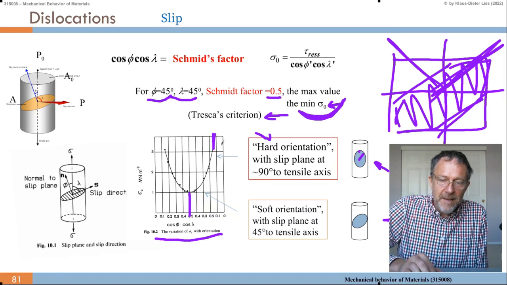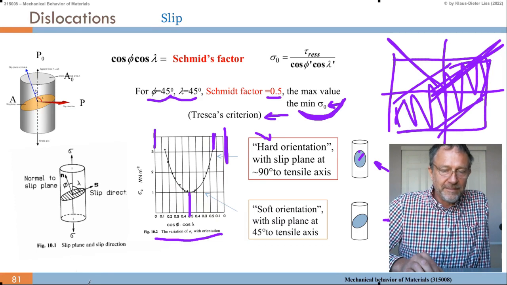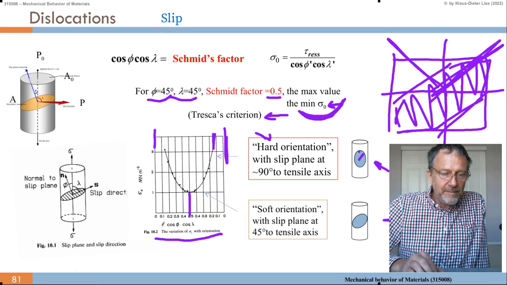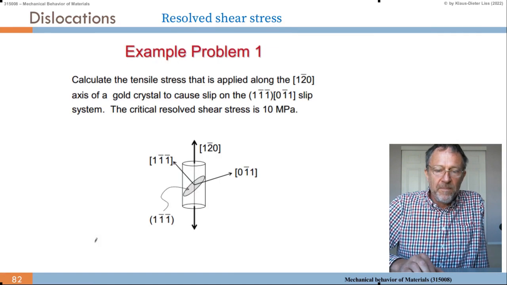So when it becomes hard, 90 degrees at 0, what is this? Here and here.